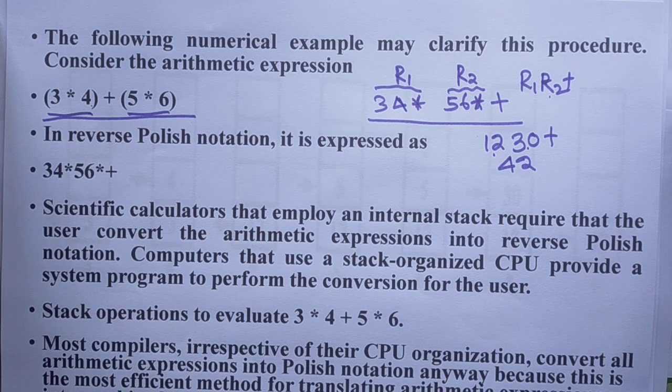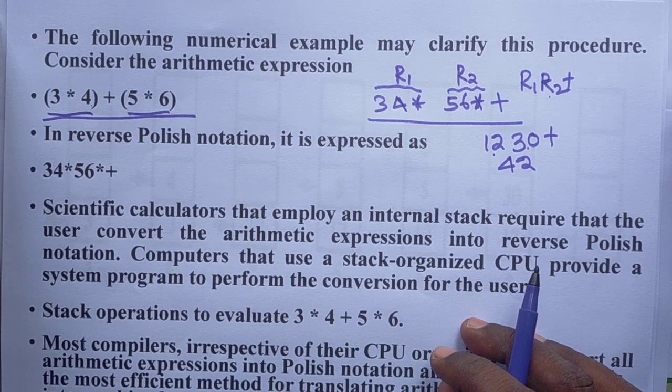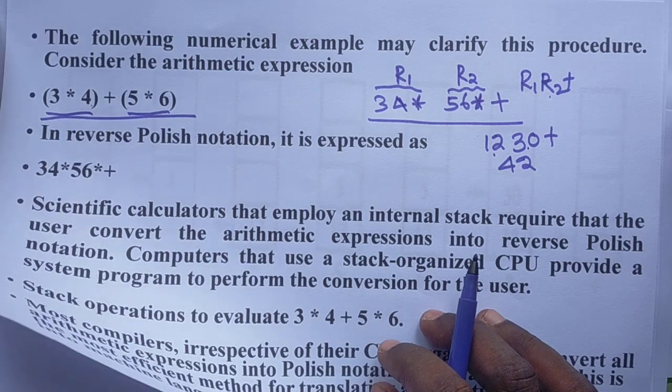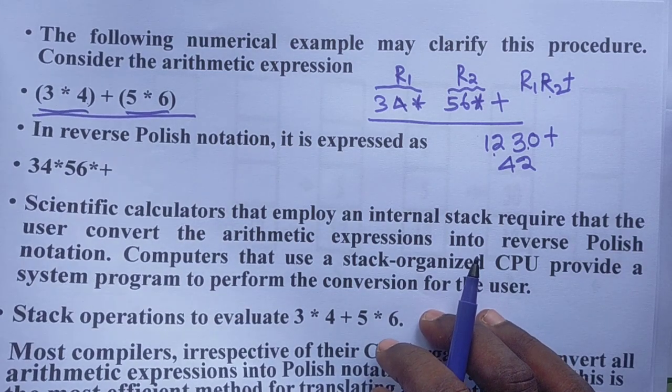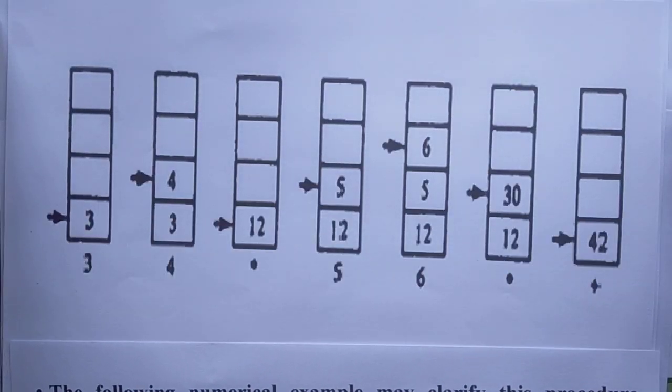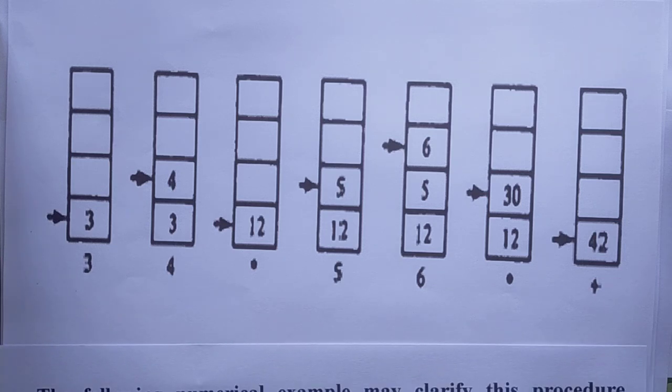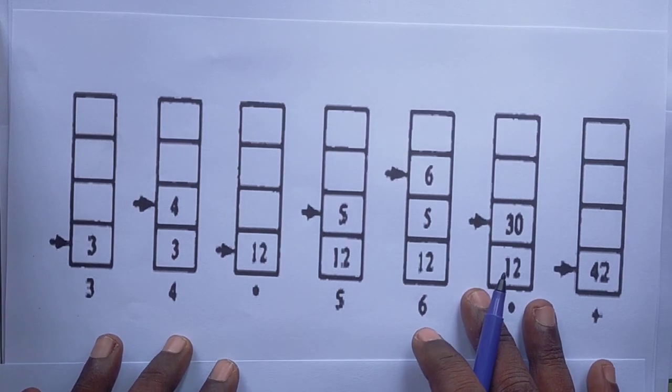If we go through a stack, there is another way to evaluate: scan from left to right and store that data. Here I will show you, if you use the stack operation.